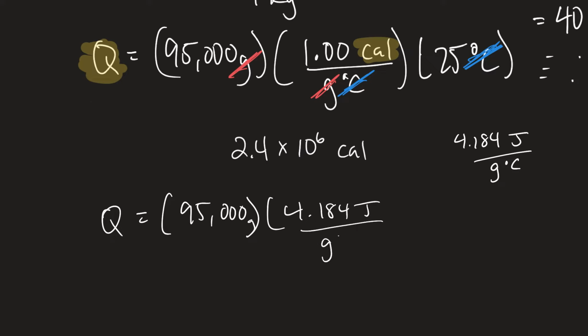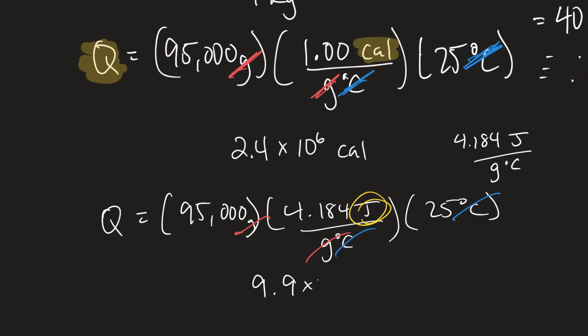Your temperature difference is still 25 degrees Celsius, and everything is going to cross out accordingly, so the only thing left is joules. When you plug this into the calculator, you'll get 9.9 times 10 to the 6 joules. Make sure you always include units in your answers. So that's the first example.